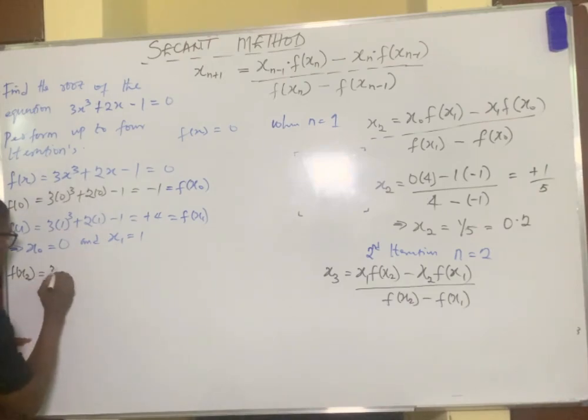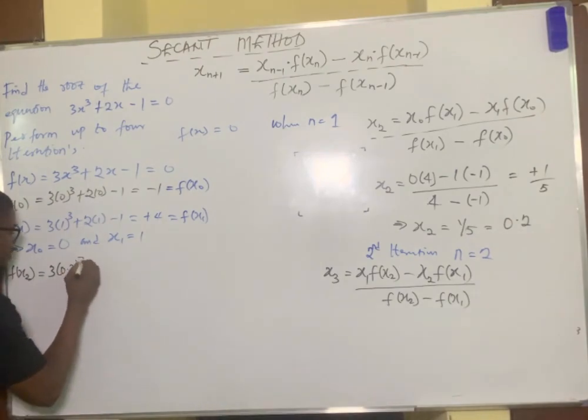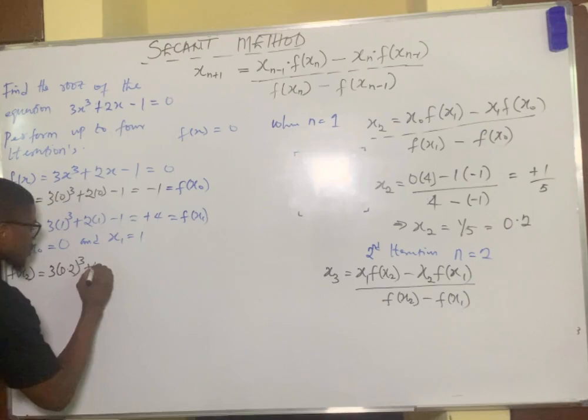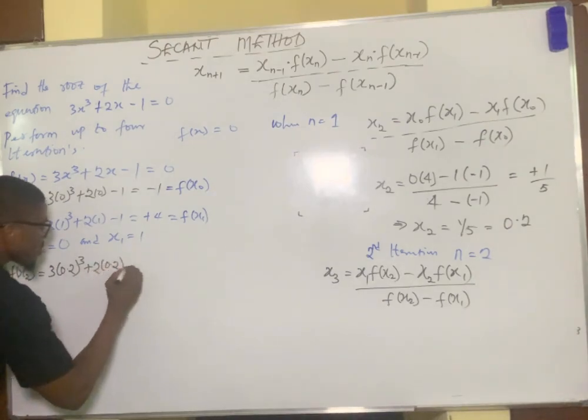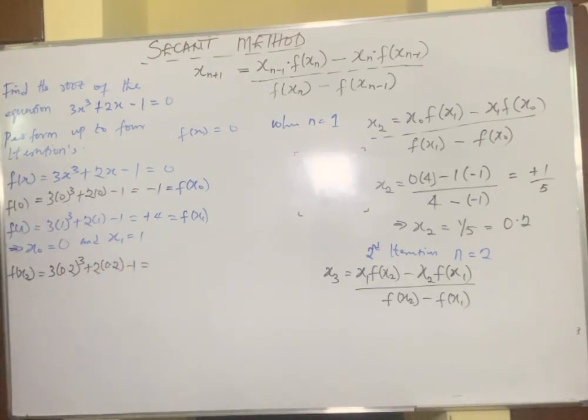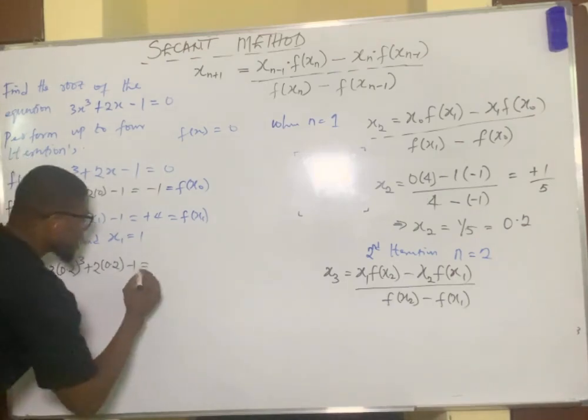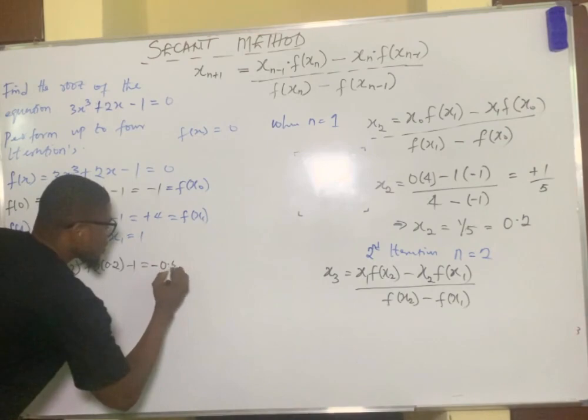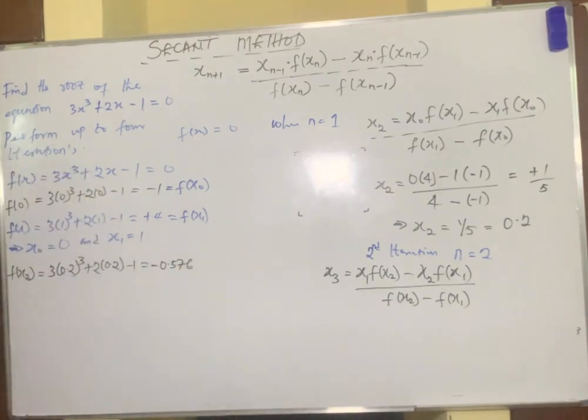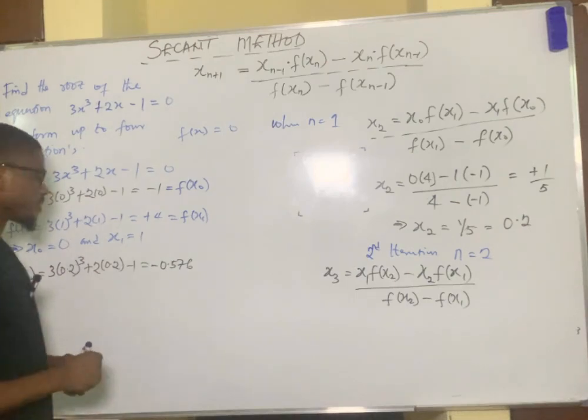So you have 3 into 0.2 to the power of 3 plus 2 into 0.2 minus 1. So let's punch everything together. 0.2 to the power of 3 multiplied by 3 plus 0.2 multiplied by 2 minus 1. Everything here gives us negative 0.576. So f of x2 simply gives us negative 0.576.